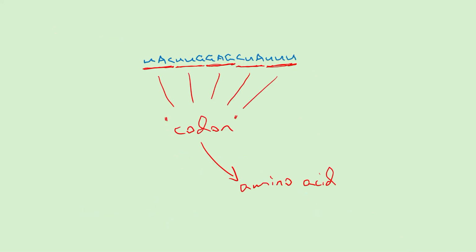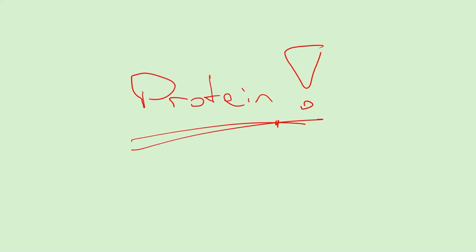Once out in the cytoplasm at the ribosomes, that code that was copied from the DNA is translated into an order of amino acids. So we're taking our bases and translating those groups of 3 bases into amino acids. So we have transcription followed by translation. And those processes together, of course, give us our protein.